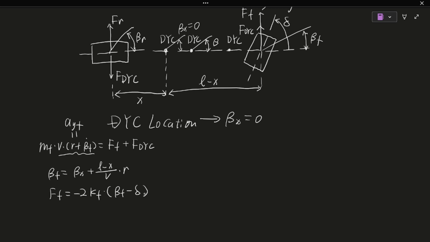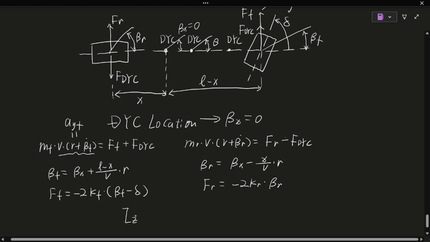For the rear axle, mr times (v times r plus beta r dot) equals Fr minus Fdyc. Beta r equals beta x minus x over v times r. Fr equals minus 2 times kr times beta r.